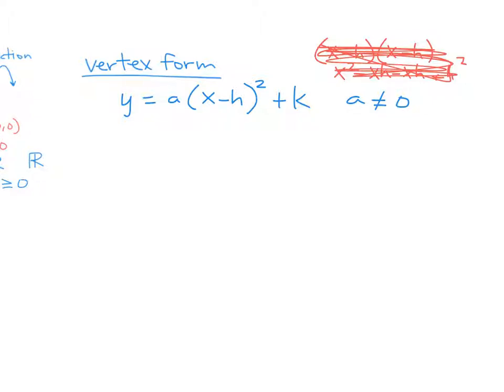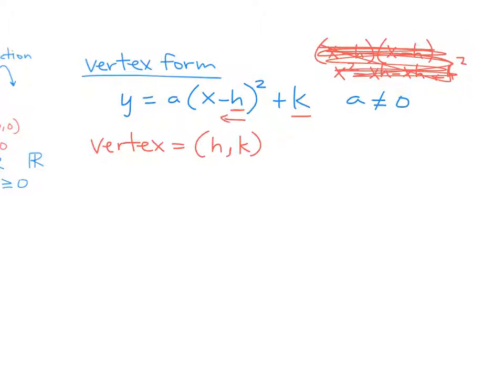So in this setup, do you remember what h and k together were? It was your vertex. Your vertex in this setup is always going to be (h, k).